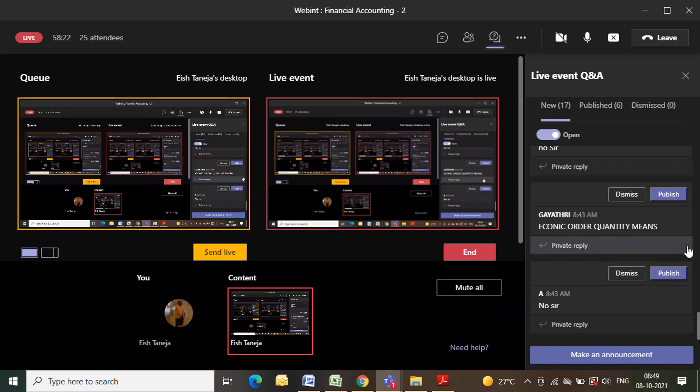Economic order quantity means quantity which is economical, right? So when you buy more material, it has a rental cost. You have to store it, you have to maintain it, right? So for example, when you have a party at home, you order ice cream, right? How much ice cream will you order? Will you order in hundreds of kilos? No, because you know.